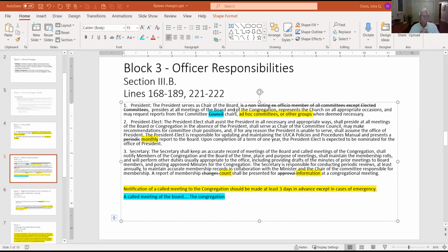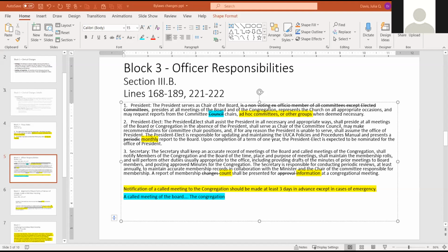Yep. We have a comment from Denise Trina. I was going to agree with either leaving it the way it is, or, as I think Pam said, committee members, because it's one council and each of the members are chairs from committees.